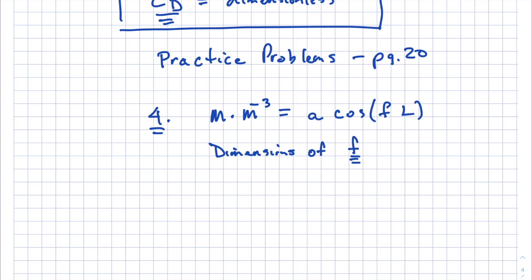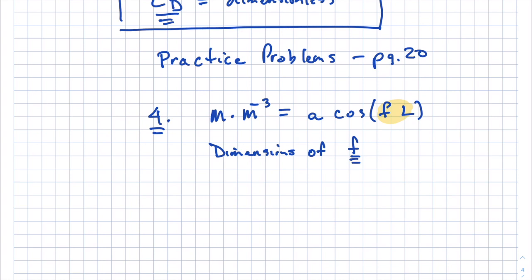Here's the thing about that. We only care about f, and f shows up inside the argument of a function. You've seen from trig, cosine functions, sine functions, we also know about exponential functions. If you are plugging something that has units into a function, then the argument of the function needs to be dimensionless.